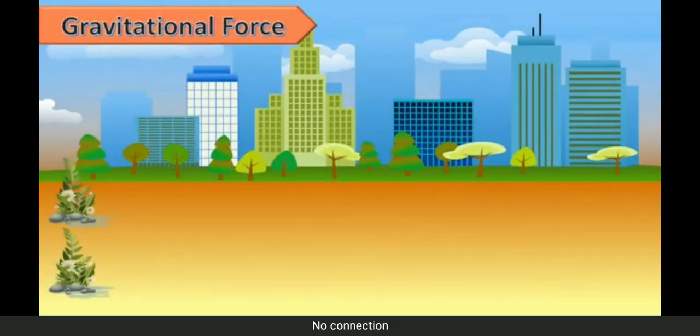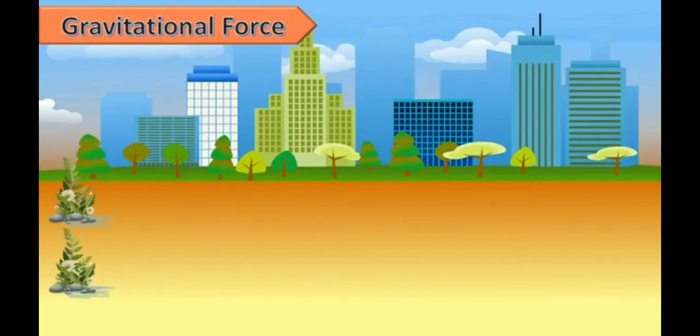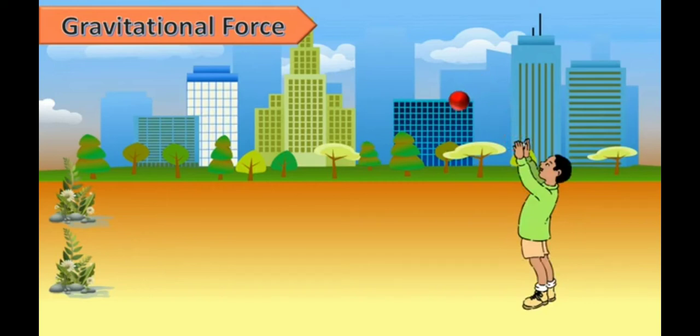Here you can see gravitational force. See the video. A person is throwing a ball in the upward direction and then it comes down to the ground. So, what happens exactly here? Whatever force is applied by the person to throw it upward, that much speed the ball takes.